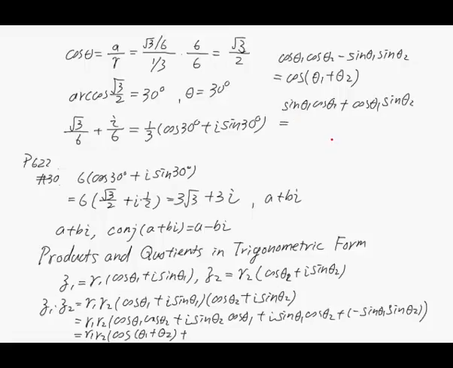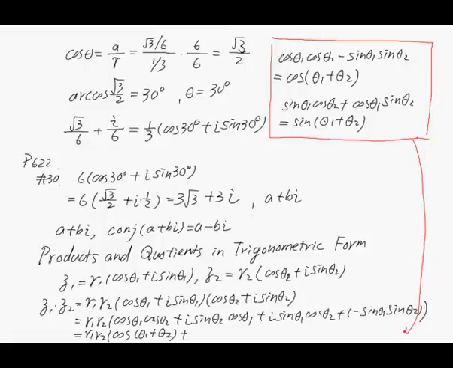Sine of theta 1 plus theta 2, right? So this is a sine of a sum. Okay. So we just use these two identities, right, and to here.